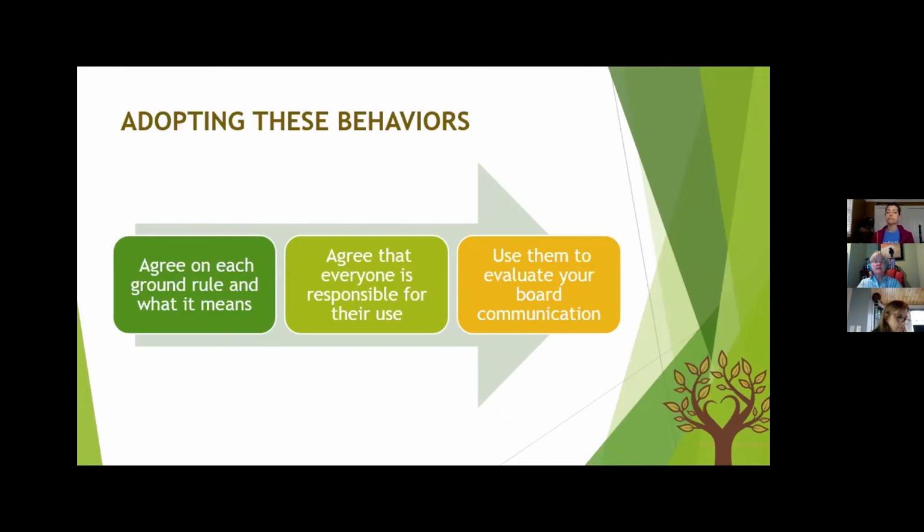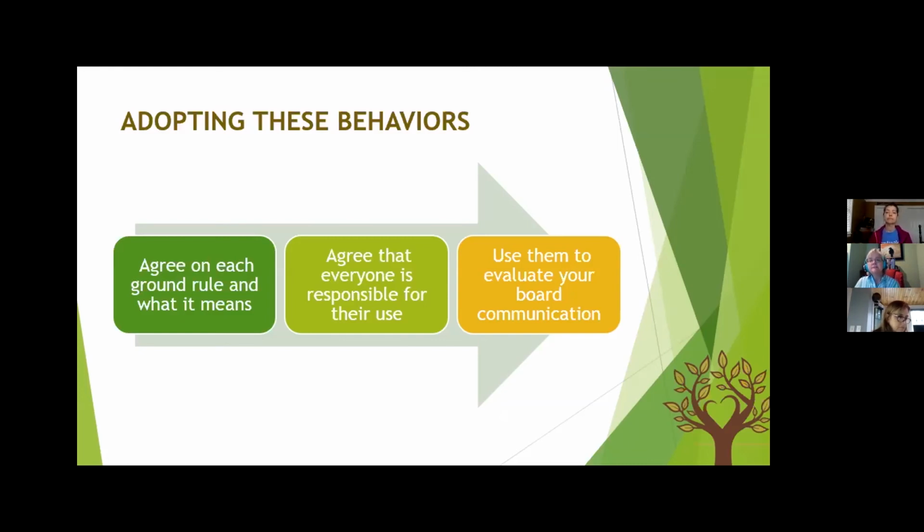Talk about each one and agree on what those important words mean within those ground rules. It's very specific language about behaviors, and you want people to understand what that language is. The behaviors don't become ground rules unless your board adopts them and the members agree to use them. Then they develop over time a common understanding and a common way of working together that becomes natural after they practice these ground rules.